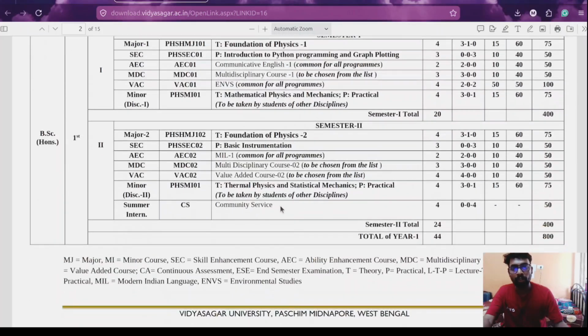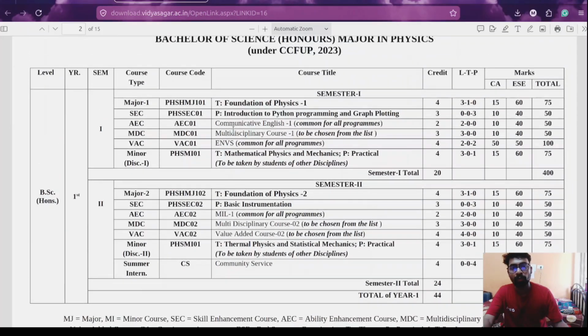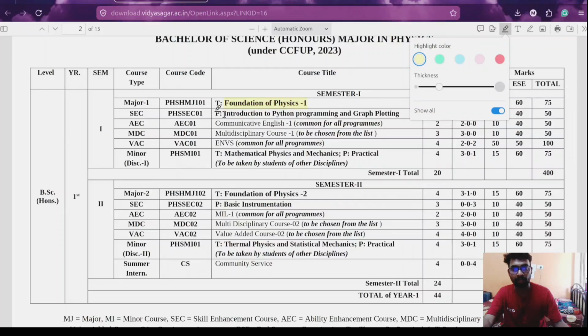Now I am going to discuss the syllabus of fundamental physics. This is basically the physics course. And I am also going to discuss the introduction to Python programming and graph plotting part. In my channels, I discuss the fundamental physics part, and also the introduction to Python programming and graph plotting part.